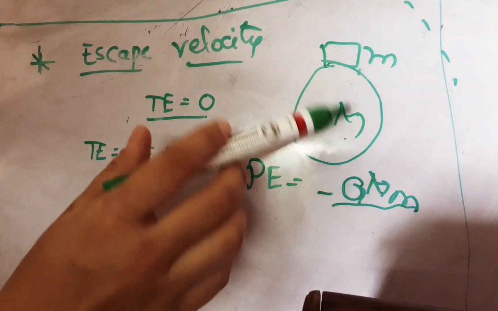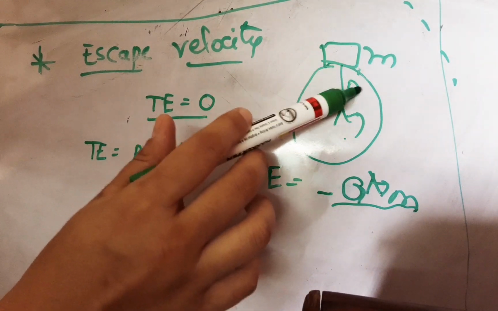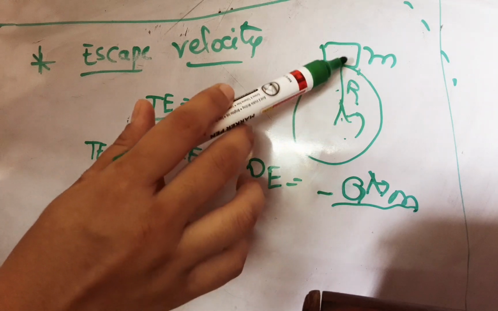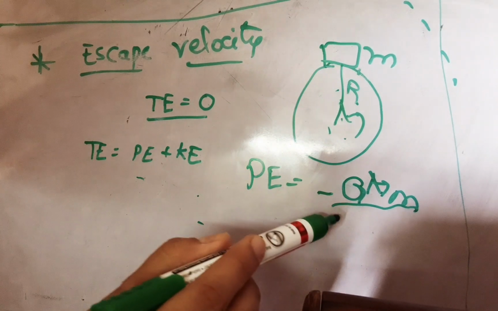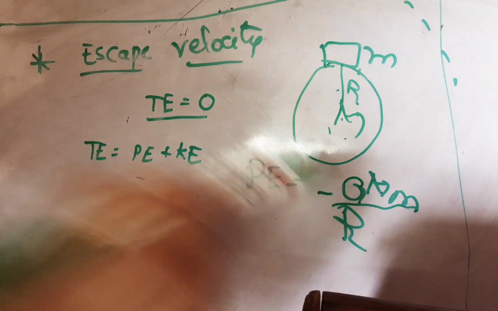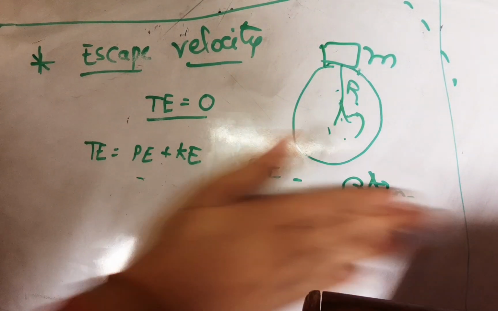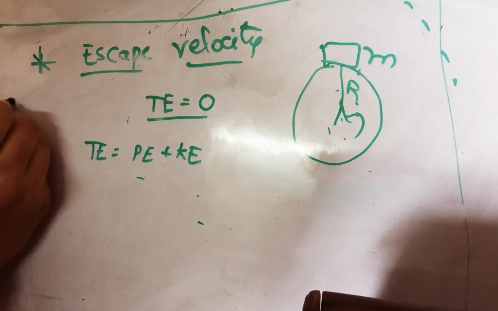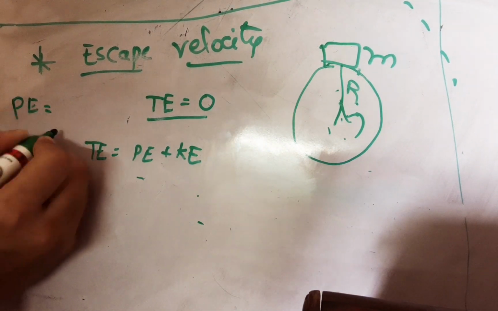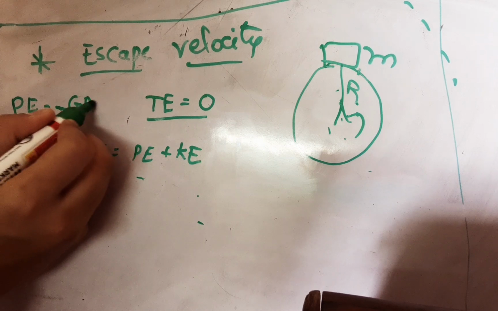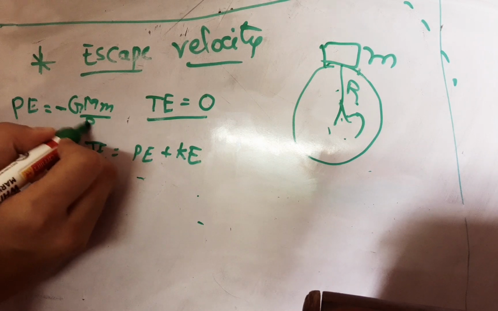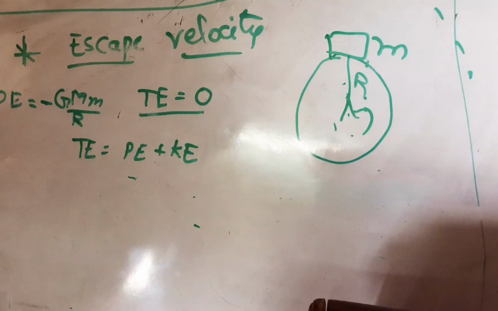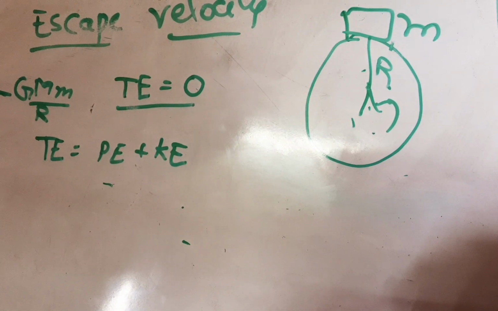It is at distance r because it is on the surface, so let us take this distance as r, the radius of the earth. So potential energy is equal to minus G M m upon r. Clear?